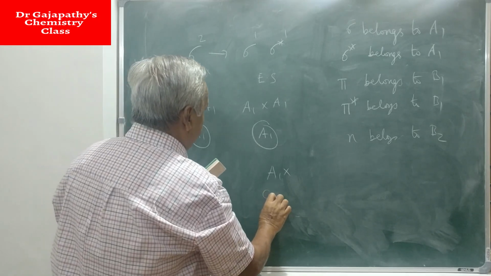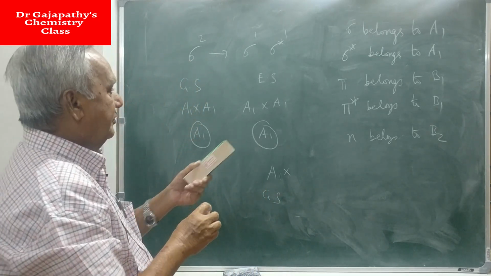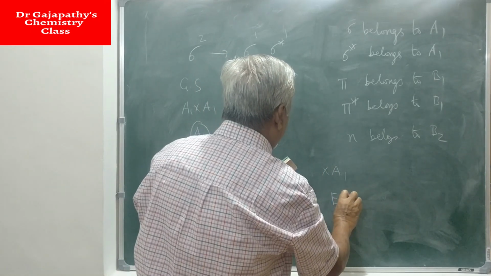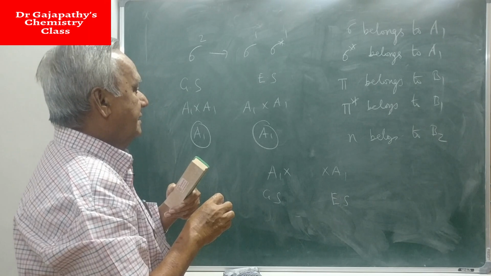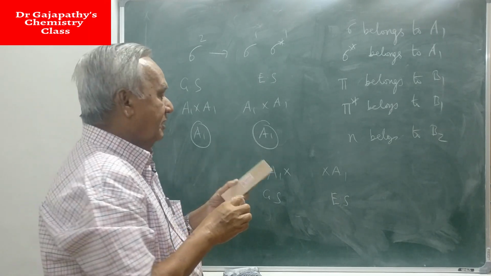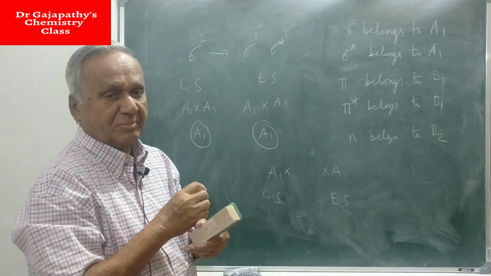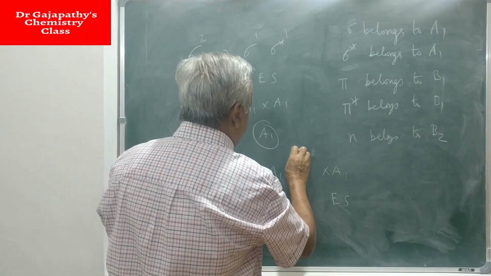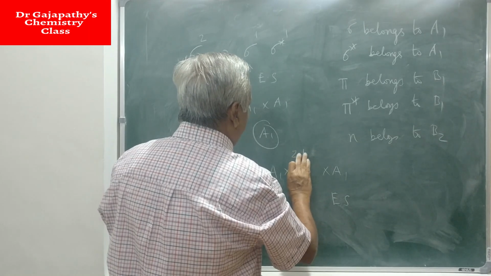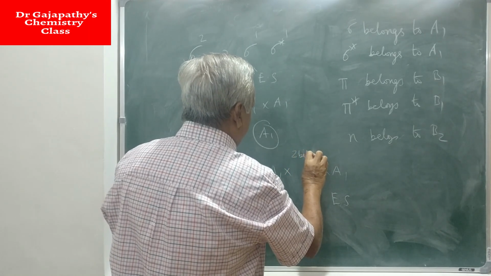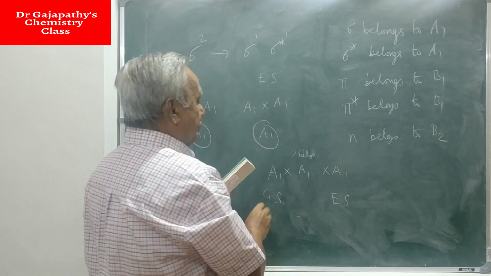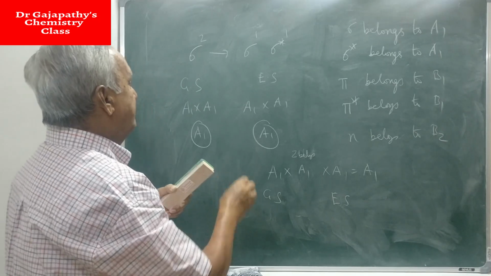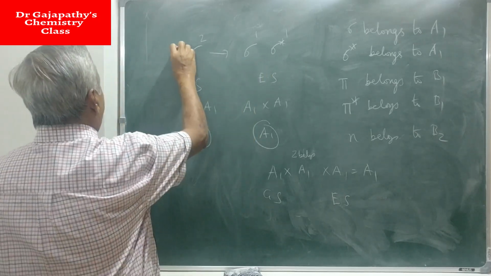Symmetry of the excited state is also A1. Is there any Cartesian coordinate which belongs to A1 symmetry? If you look at the character table, Z coordinate belongs to A1. So A1 into A1 into A1 is A1. So sigma to sigma star transition is an allowed transition.